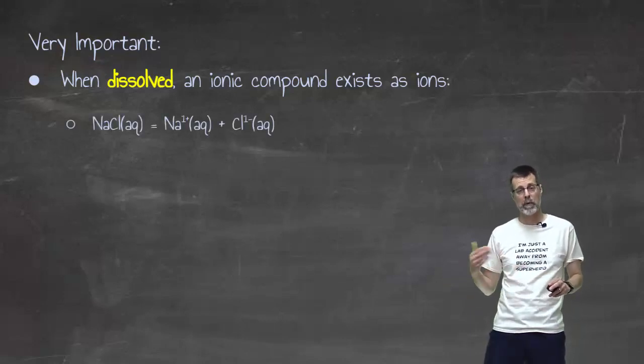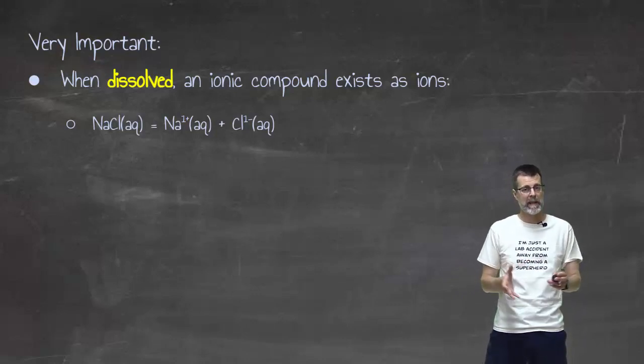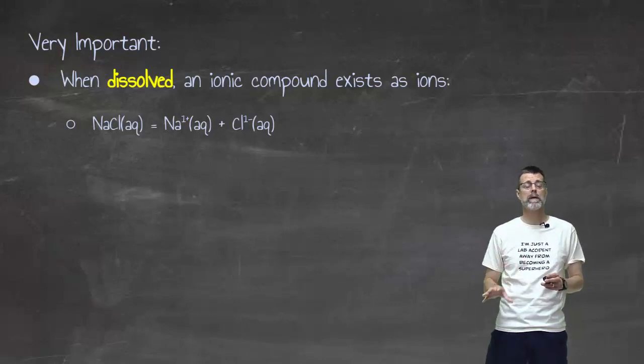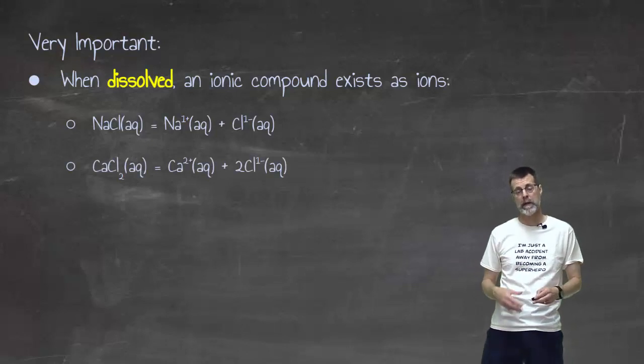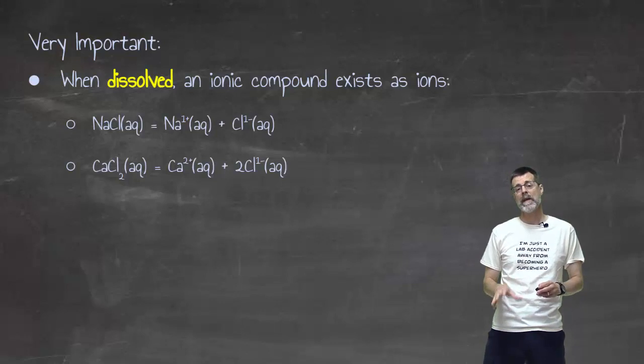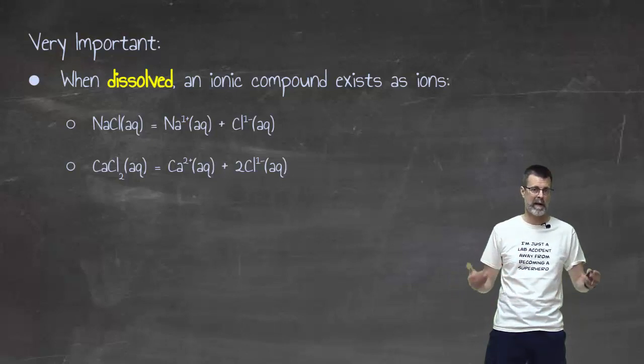So for example, going back to my sodium chloride again, when I write sodium chloride aqueous, what's actually going on is I have sodium ions floating around and I have chloride ions floating around. If I write calcium chloride, I've got calcium ions floating around and they've got a 2+ charge, and then I will have chloride ions floating around, but there will be twice as many of those because they have half the charge.